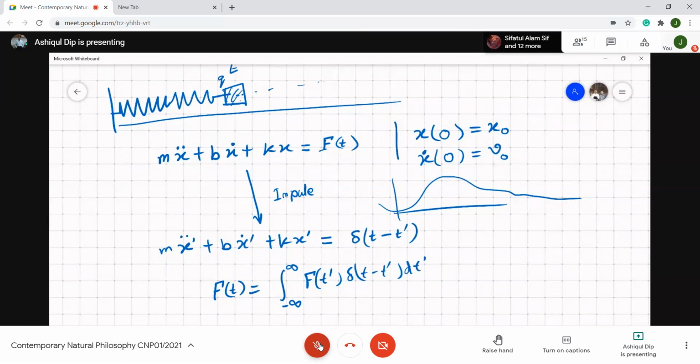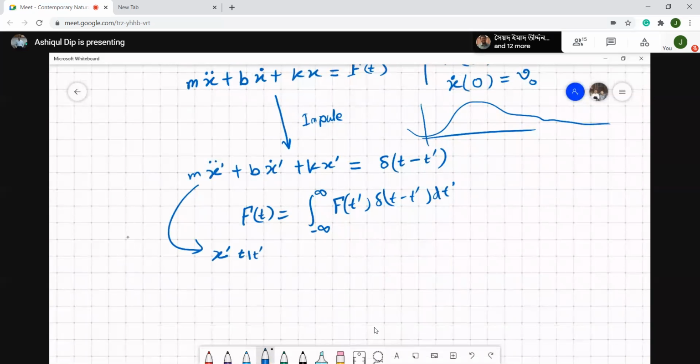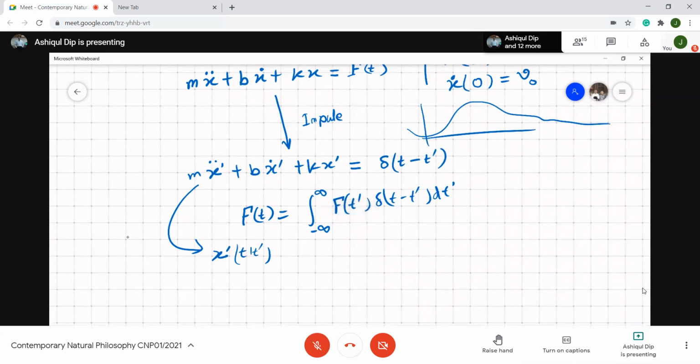So let's say that this differential equation has a solution x of t, t prime. There is a reason we call it a function of t and t prime: when you apply the impulse at some t prime, changing t prime would change your x as well. So let's call it g of t, t prime.